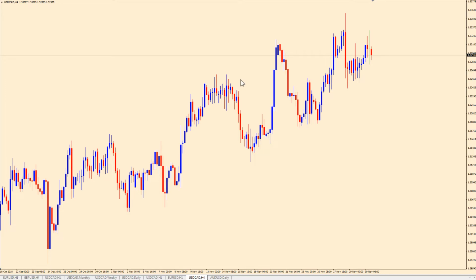We have another top right here that we closed above, which indicated a bullish move. Now, here's the thing. The momentum had increased here, and it had increased tremendously here. So this move was more than half done by the time it closed above and moved above this previous top right here, which is obviously more important than this one.